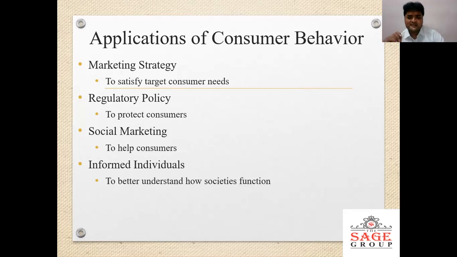If you are serving a good service, a good product in front of the customers or consumers, it is related to social marketing also. Because if you are delivering good things to the customers, they are taking your services and using your product.